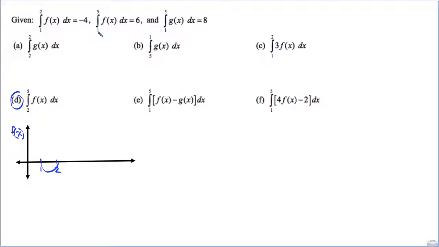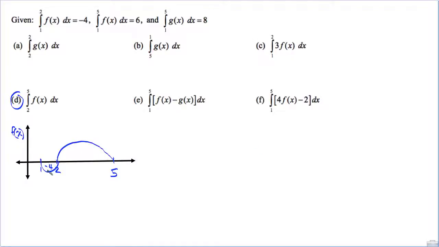And then between 1 and, we'll say 5 is out there, we know that this area plus this area has to add up to 6. So this could look something like this. Let's try that again. So that means that this is -4.